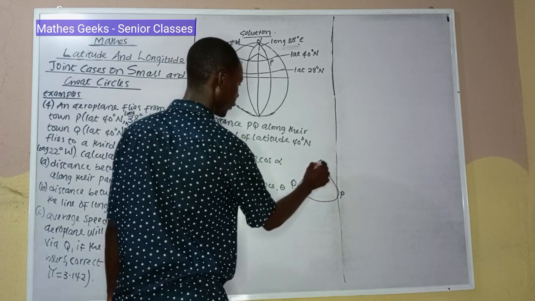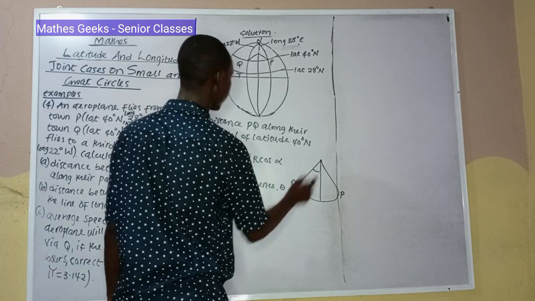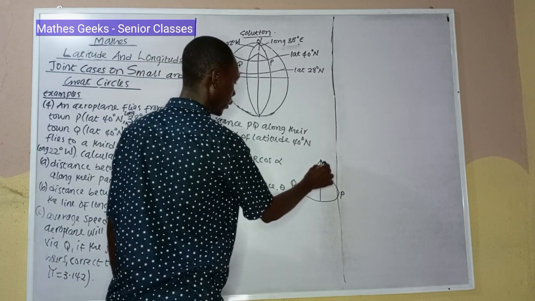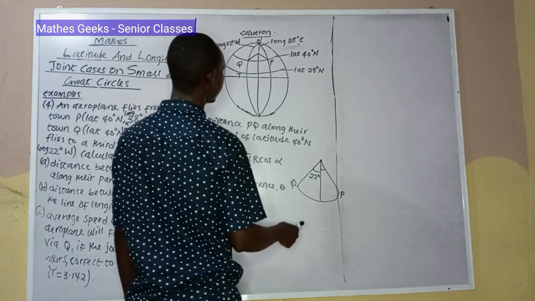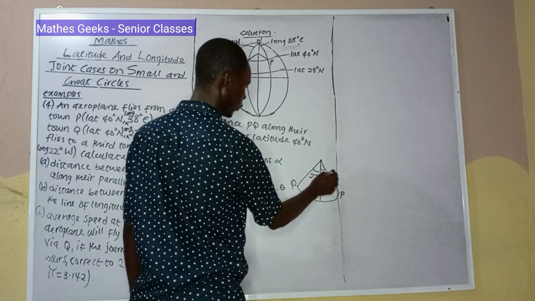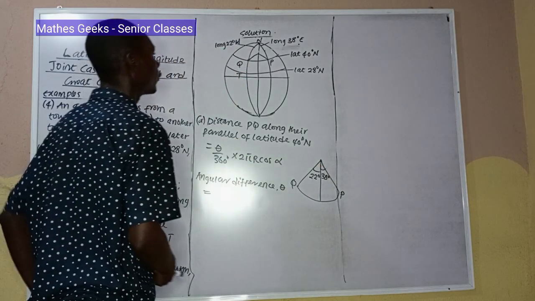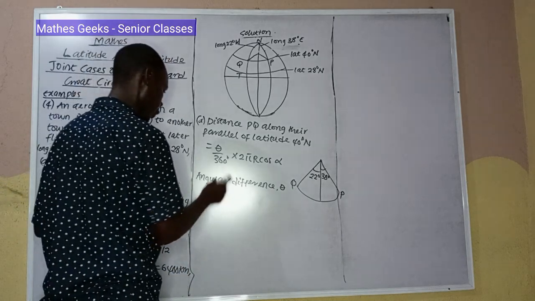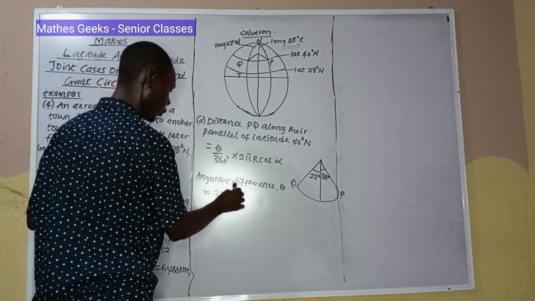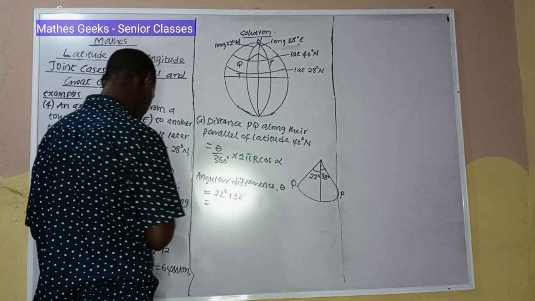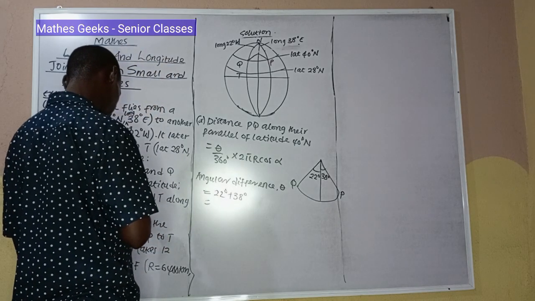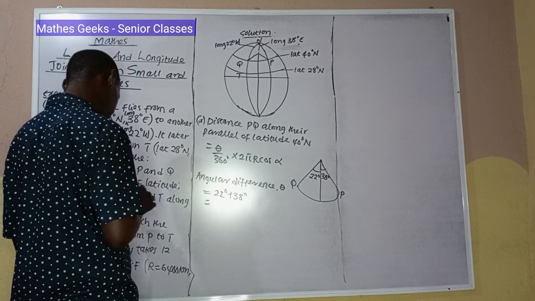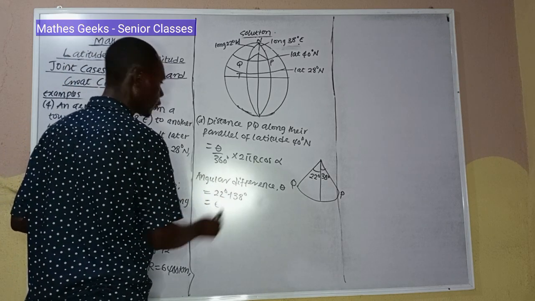Longitude Q is 22 degrees, longitude P is 38 degrees. So we're going to add, because they're on different sides of the globe. 22 degrees plus 38 degrees is 60 degrees.